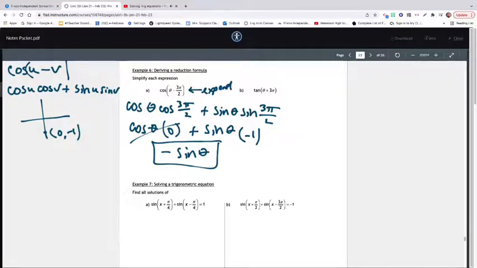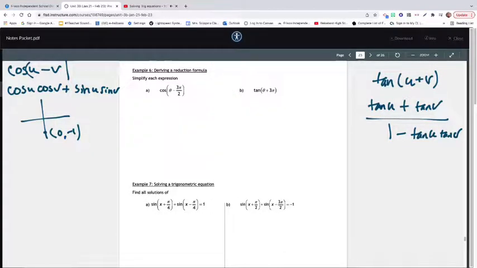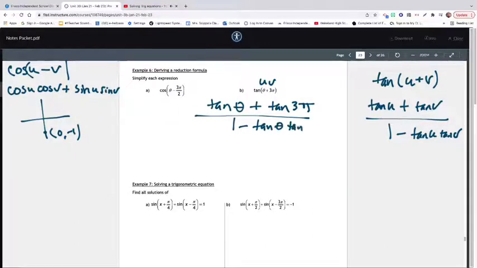On the next one, remember your tangent rule of U plus V. It is tan U plus tan V over 1 minus tan U tan V. All right, so plugging this in, this is U and this is V. So tangent theta plus tangent of 3 pi over 1 minus tangent theta tangent of 3 pi. 3 pi is going to end up right here at the ordered pair -1, 0.